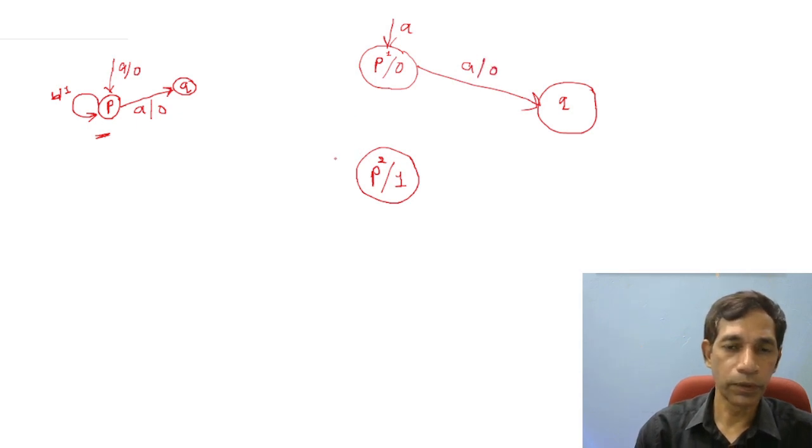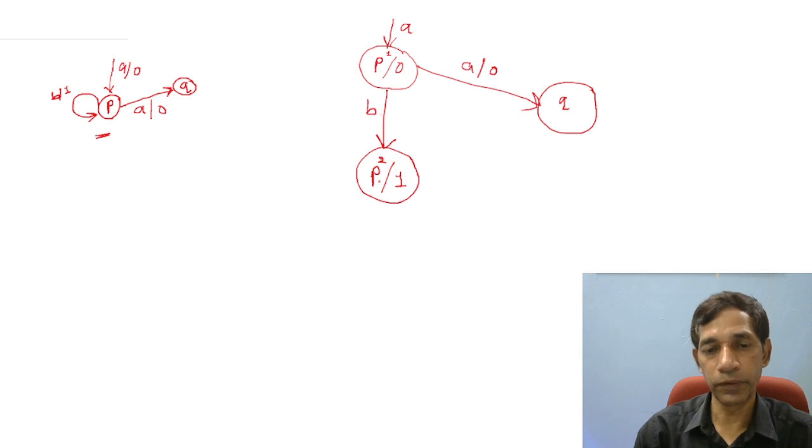Now in the case of the second copy, the output is 1. So this is for the loop. For the case of B, you are going to produce the output 1. So B will have the edge from the first copy to the second copy.